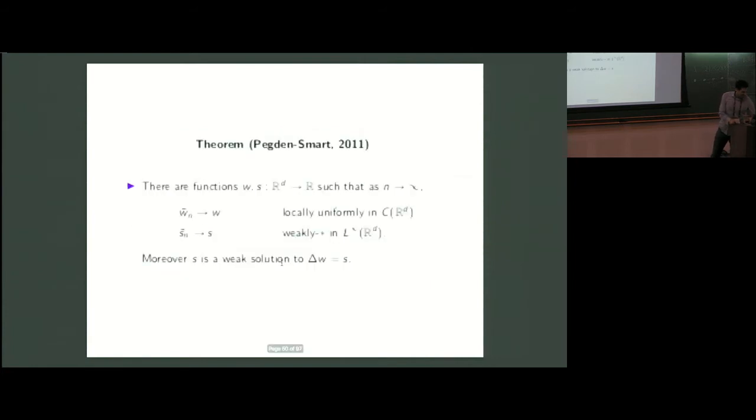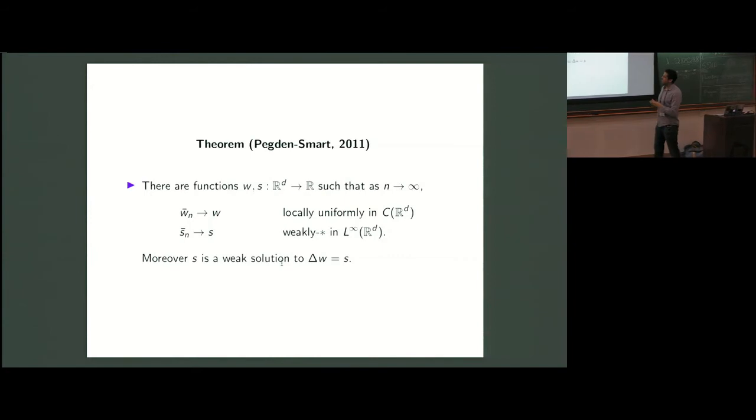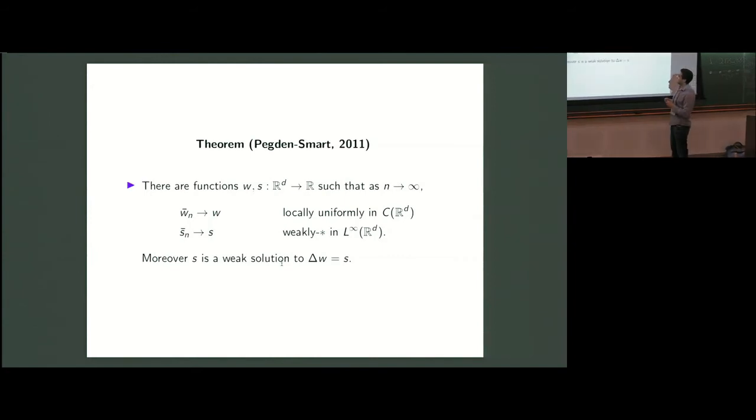So you have these rescaled things, and what Pegden and Smart showed is that they have limits in appropriate senses. Let me focus on the limit of the sandpile itself. That's a weak-star limit, meaning it doesn't capture very small scale details of the sandpile. It captures local average density.